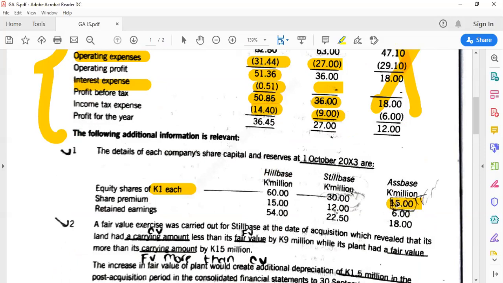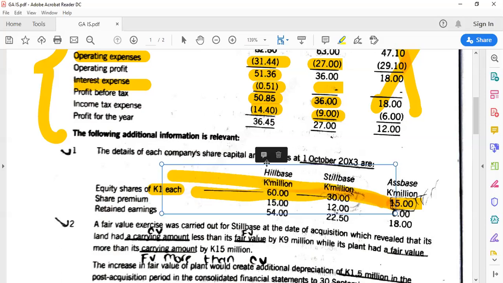We are saying it is 15 million shares because it is 1 kwacha per share. If it was 0.5 kwacha per share, it would not be 15 million shares, because multiplying 0.5 by 15 won't give you 15. You must be careful in the exam.